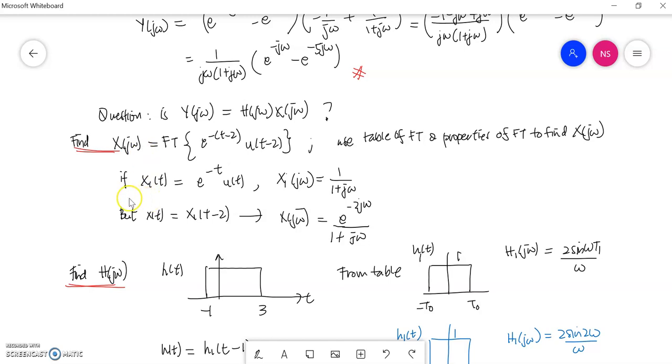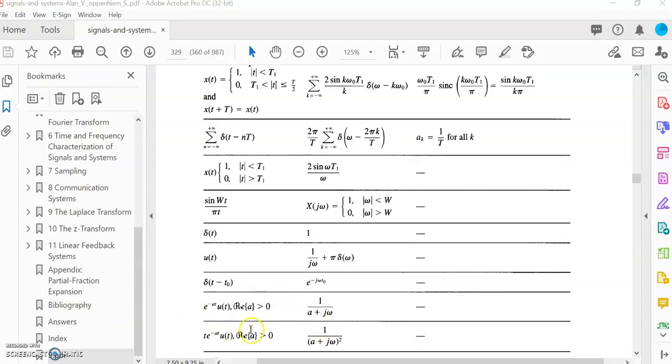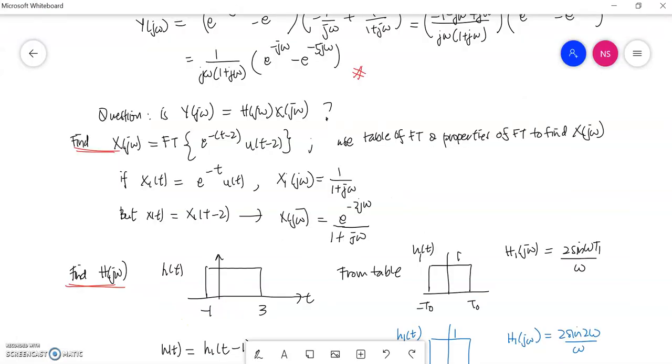So let's look at this approach, where we have this x(t), for example x1(t), as a manipulation of this to find this. From the textbook, if I bring you to the Fourier transform table, there is one entry for e^(-at) multiplied by u(t). So we can use this to answer our problem here.